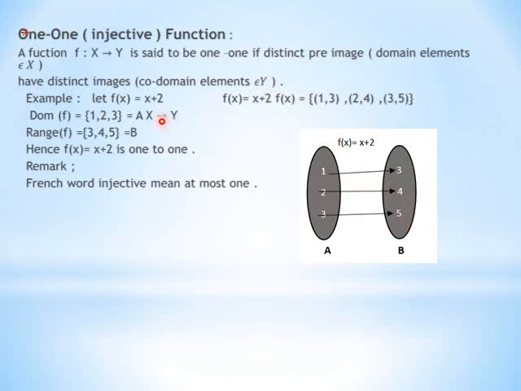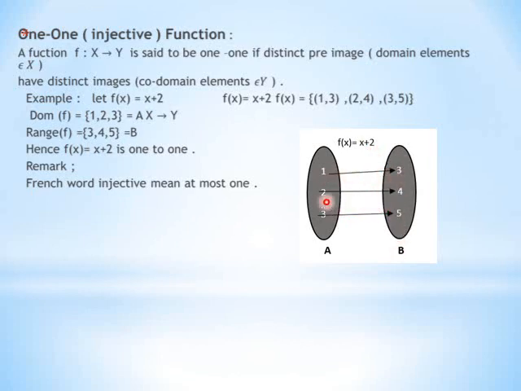Now what is the domain set? 1, 2, 3 is the domain set, and the range set is 3, 4, 5. Now look at this. A function f from X to Y is said to be one-to-one if distinct pre-images, these 1, 2, 3, the domain elements belonging to X, have distinct images in the codomain.